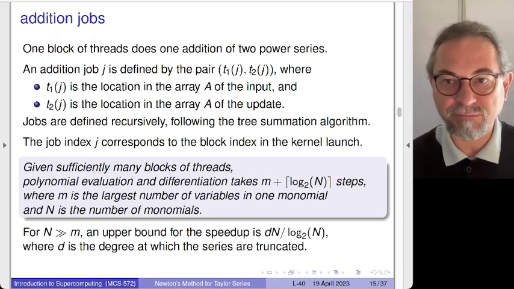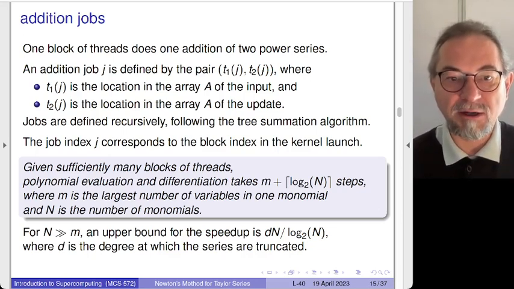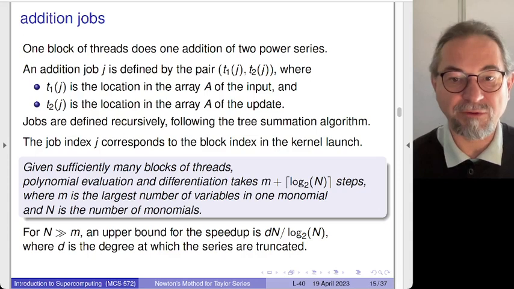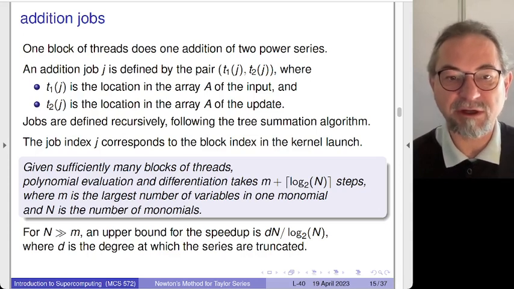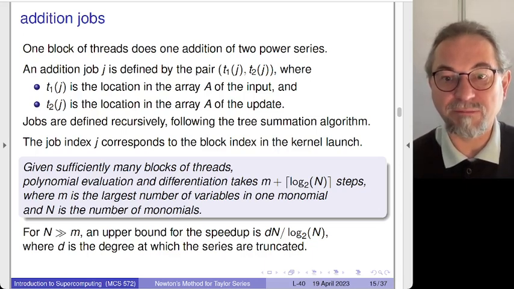Doing a convolution with a block of threads is just like doing the evaluation with numbers. The reduction, for n much larger than n, I will give examples, is then d times n over the logarithm of n.